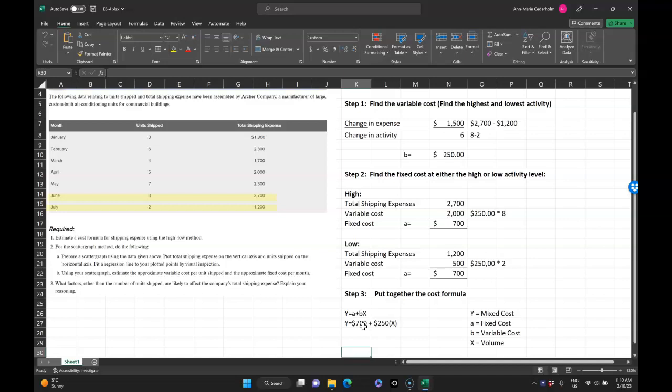So that's why we like to put the cost formula together, because then we can take any volume or any mixed cost and split the variable and fixed. Then you can do your cost volume profit analysis by putting together your contribution margin income statement, maybe doing some break-even analysis, maybe even looking at your leverage. But this is the first step in order to segregate them.